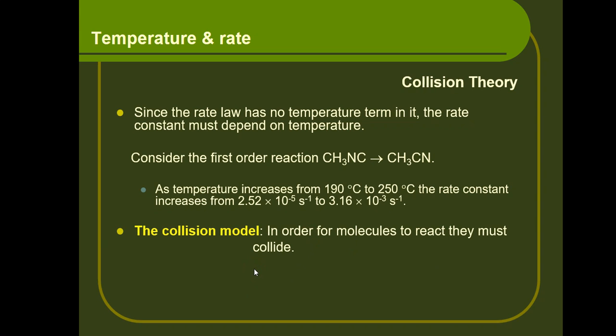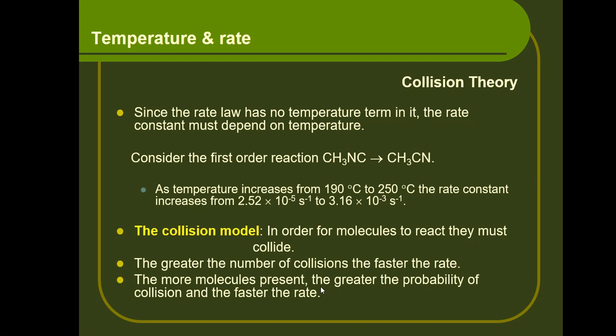The collision model explains that in order for molecules to react, they must collide. And the greater the number of collisions, the faster the rate. Now, the more molecules present, the greater the probability of collision and the faster the rate. So, where is the temperature here?